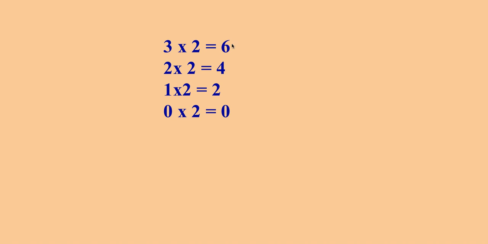3 into 2 is 6, 2 into 2 is 4, 1 into 2 is equal to 2 and 0 into 2 is equal to 0. Now from 3 into 2, how do you get 2 into 2? That is, from 6, how do you get 4? It is 6 minus 2. How do you get this 2 then?